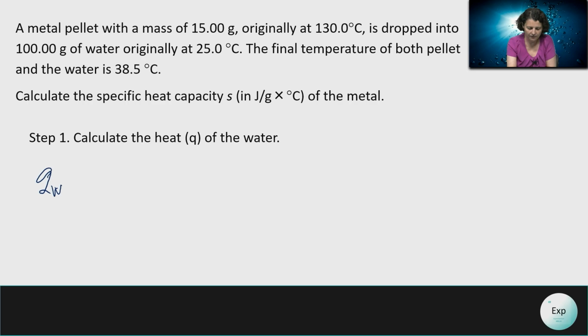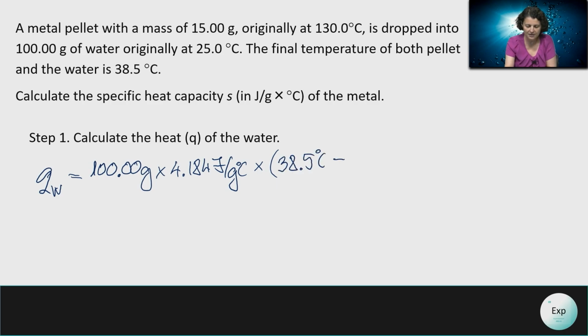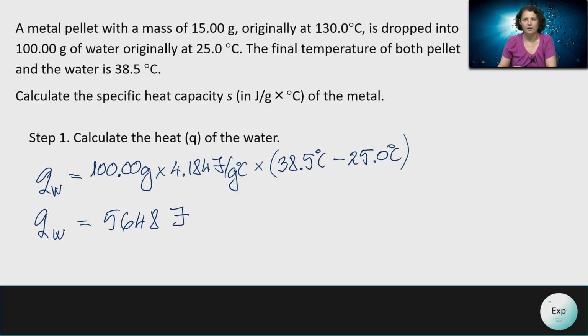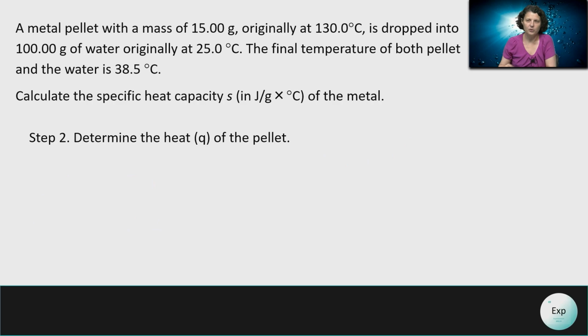In our case, we have the heat of water be equal to the mass of the water, which is 100 grams, times the specific heat of the water in the liquid state, which is 4.184 joules per gram Celsius, times the temperature change associated with the water, which is 38.5 degrees Celsius, minus the initial temperature of the water, 25.0 degrees Celsius, giving us a heat of the water of 5,648 joules.